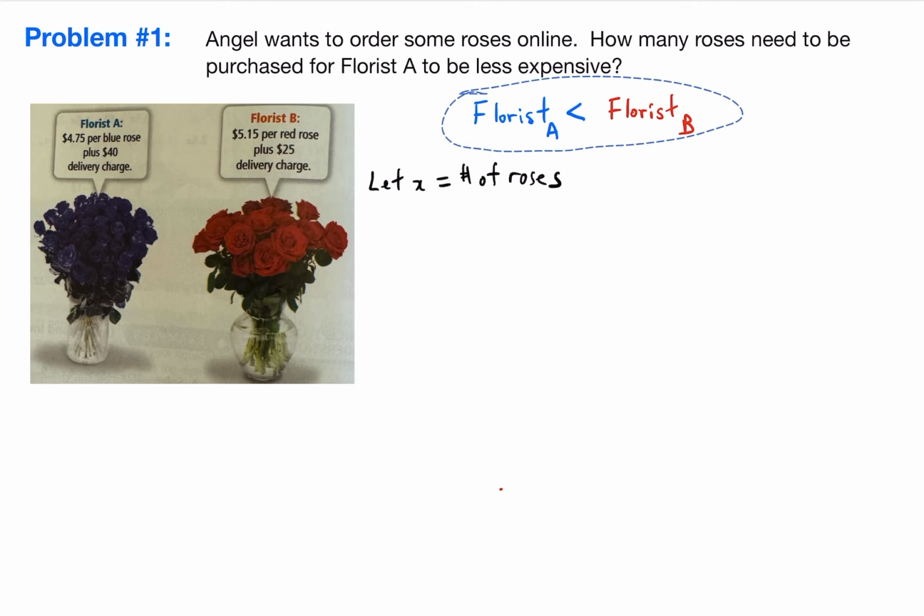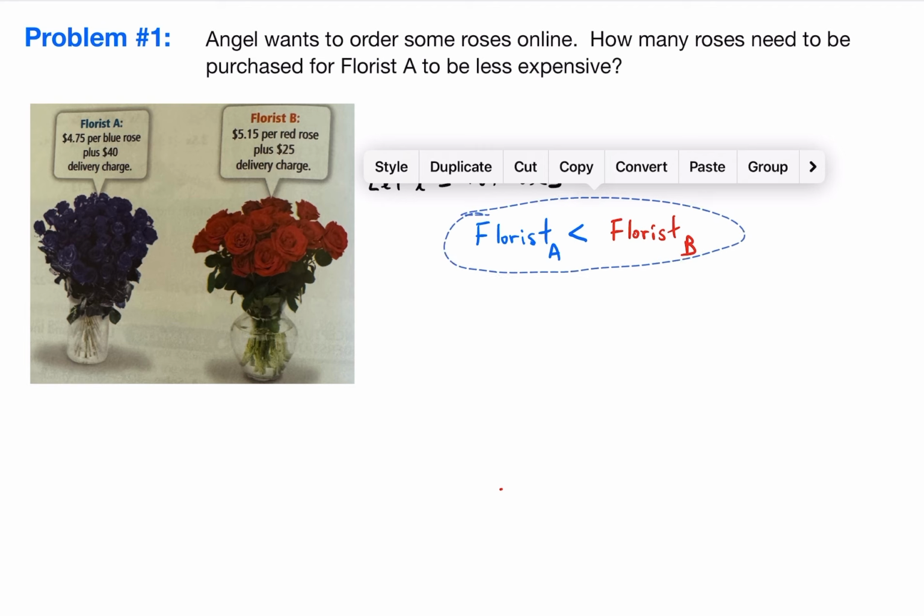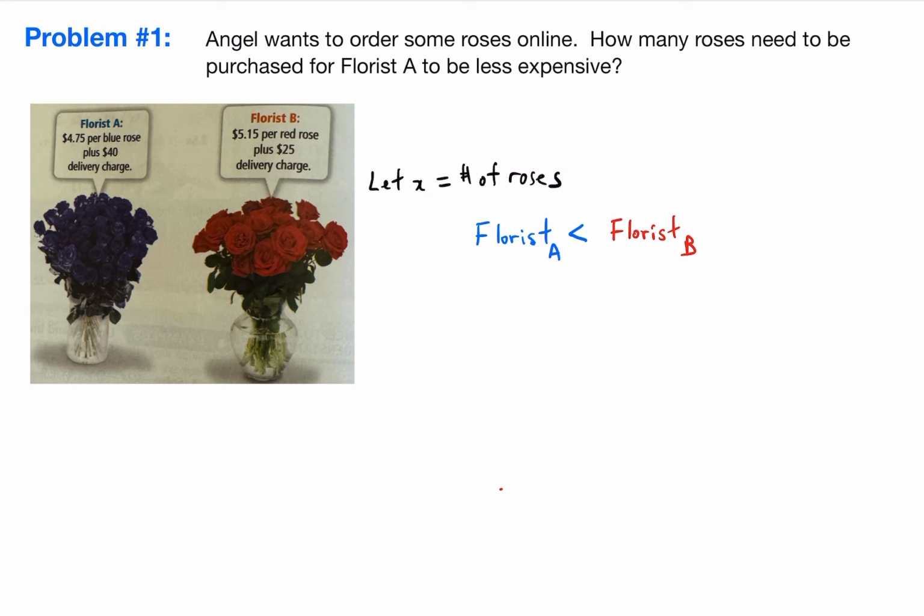So if we were to continue with this inequality that we have established, we would see that the cost of florist A would be $4.75 per rose. So that's going to be X. Whether it's one rose, 2 roses, 3 roses, 6 roses, whatever that number is, it's going to be multiplied by $4.75 because the cost is $4.75 per rose.